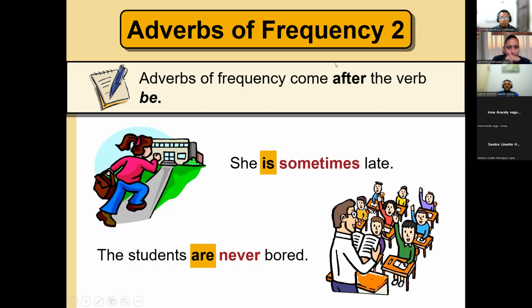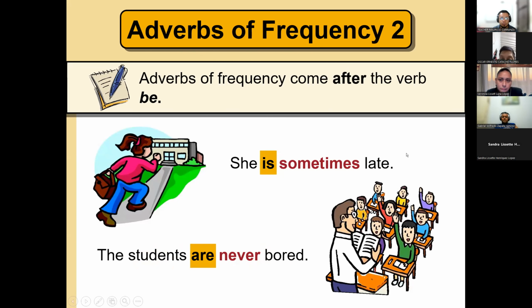So as you can check here, we use frequency adverbs with the verb to be and also with other verbs. What you have to be careful with is that when we use it with the verb to be, the frequency adverb goes after. She is rarely late, exactly. So you use the verb to be, and after the verb to be, you use the frequency adverb. It is incorrect if, for example, you say, she sometimes is.